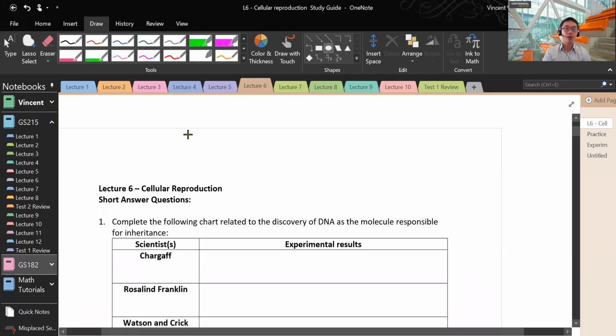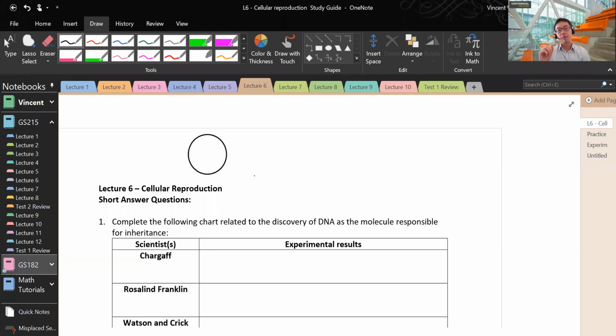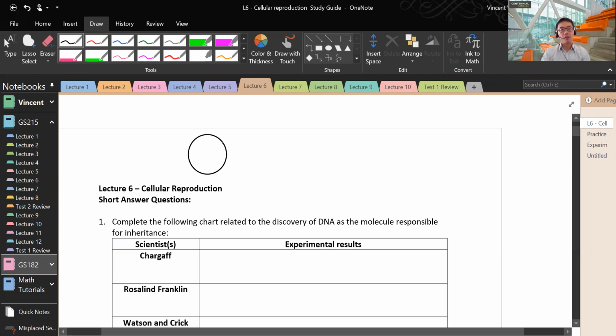So let's start with a cell. In the cell theory that we learned before, one part of the cell theory states that all cells come from the division of a pre-existing cell. Okay, so let's say we have one cell here. We call this the parent cell.